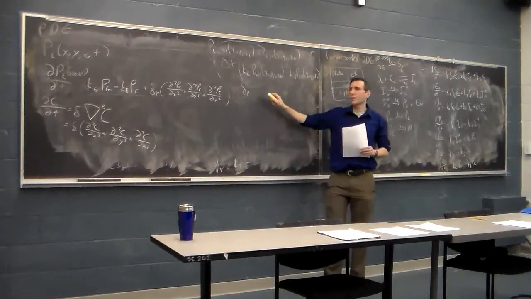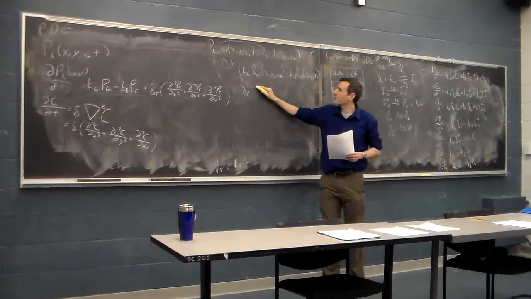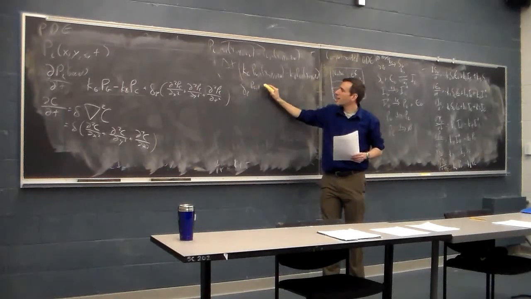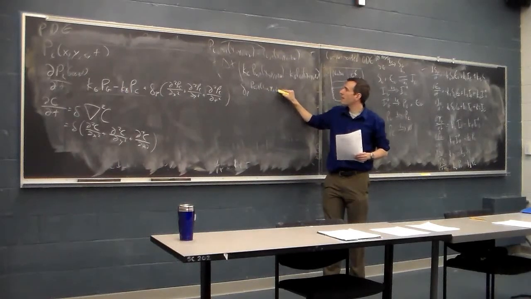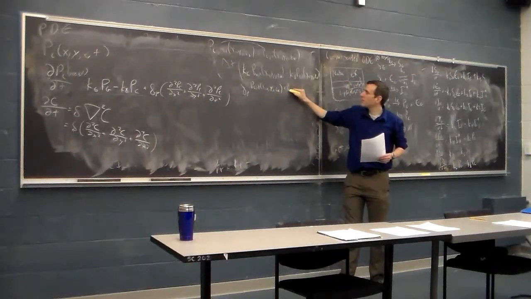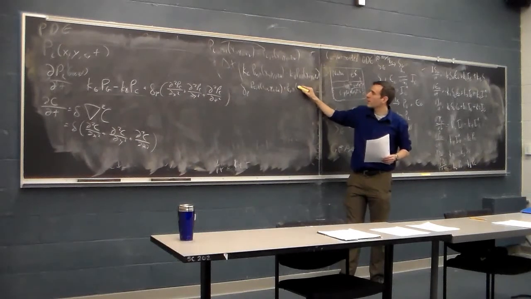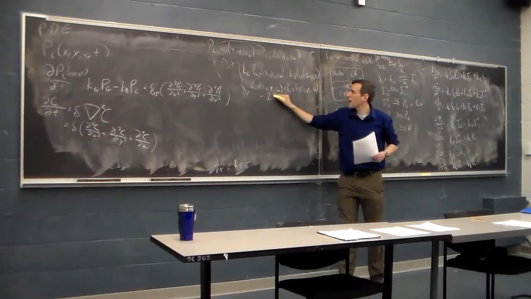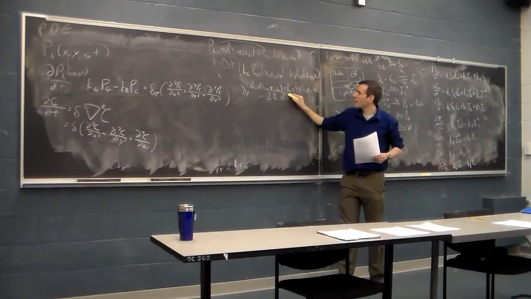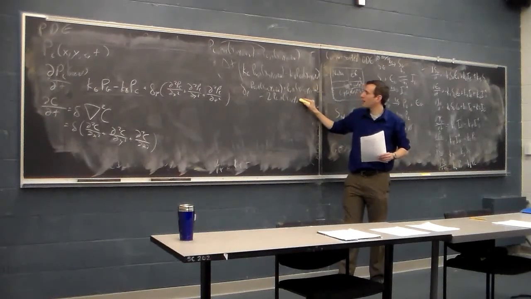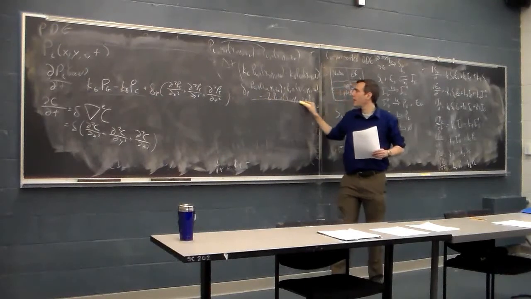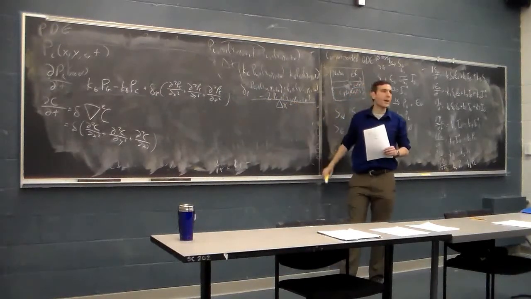The way we've seen to do those approximations is that we would have P sub c at time point n and spatial point xi plus 1, yj, zk, plus P sub c at time point n and spatial point xi minus 1, yj, zk, minus 2 times P sub c at time point n and spatial point xi, yj, zk, all divided by some delta x squared.